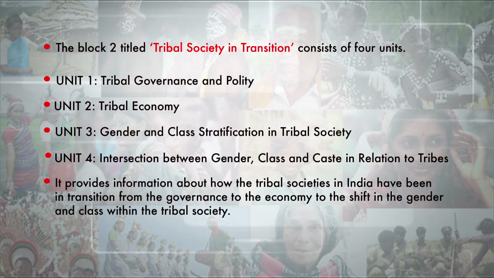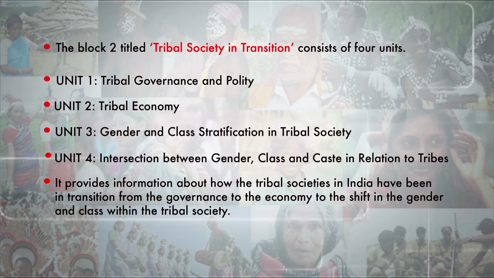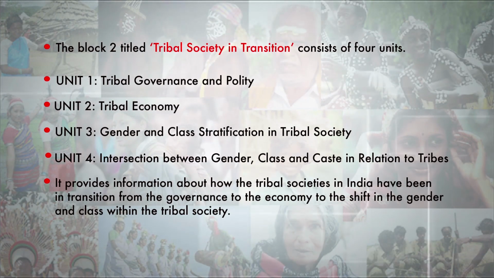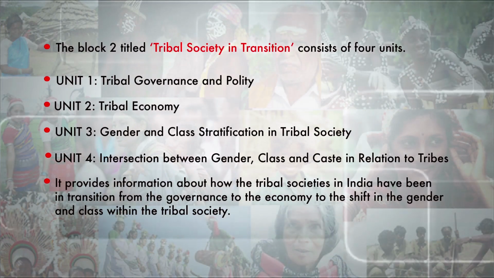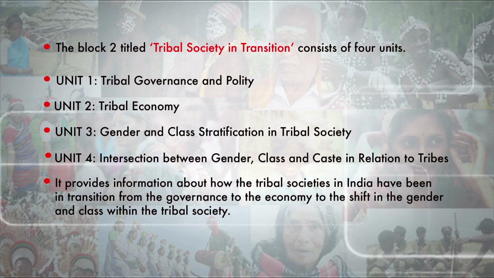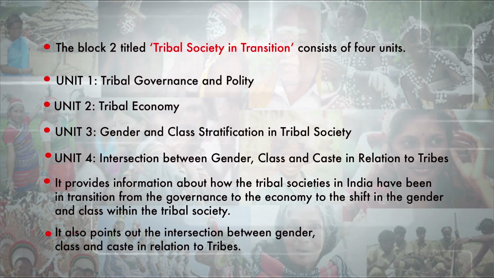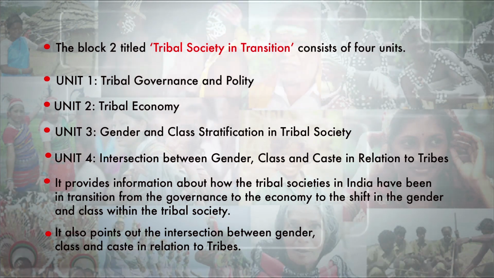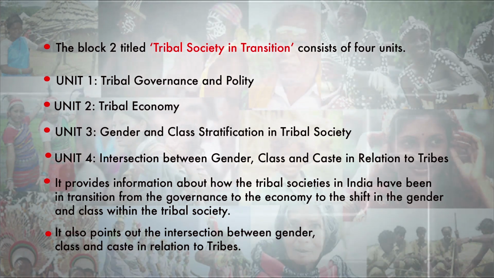It provides information about how the tribal societies in India have been in transition from the governance to the economy to the shift in the gender and class within the tribal society. It also points out the intersection between gender, class and caste in relation to tribes.